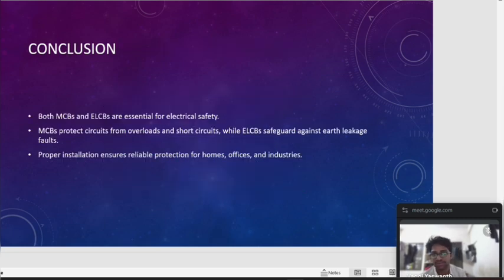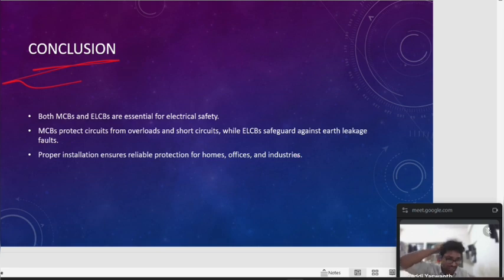This is the comparison, and the conclusion is both MCB and ELCB are essential in electrical safety. MCB protects circuits from overload and short circuits, while ELCB safeguards against earth faults. Proper installation ensures reliable protection for homes and industries.